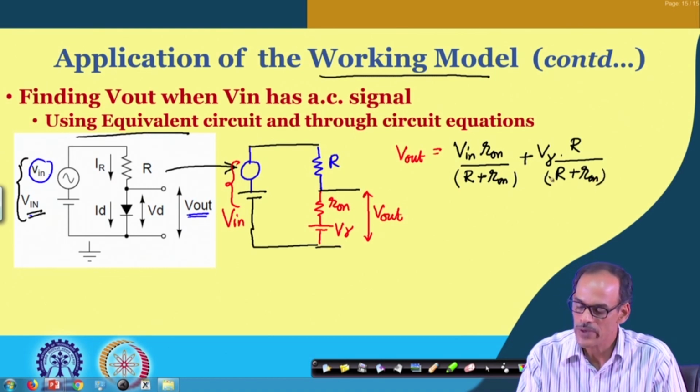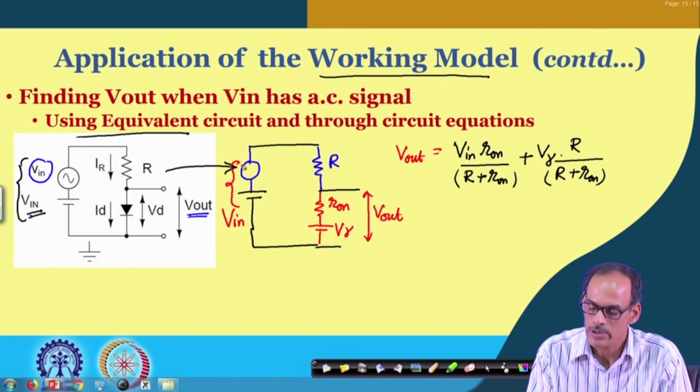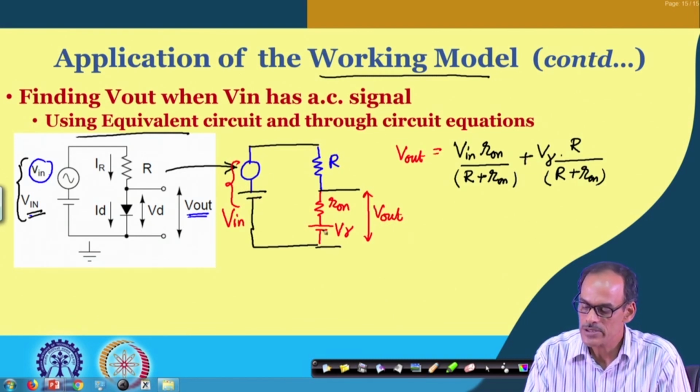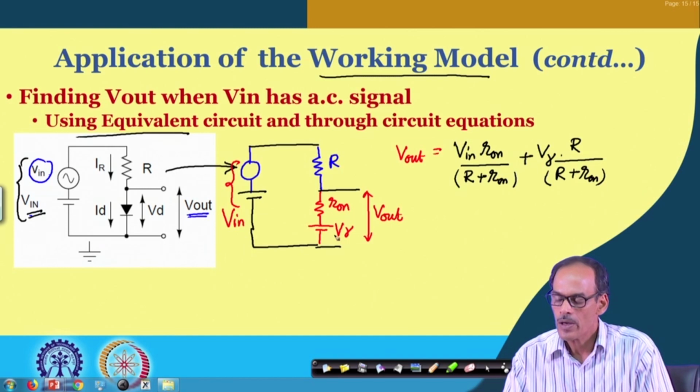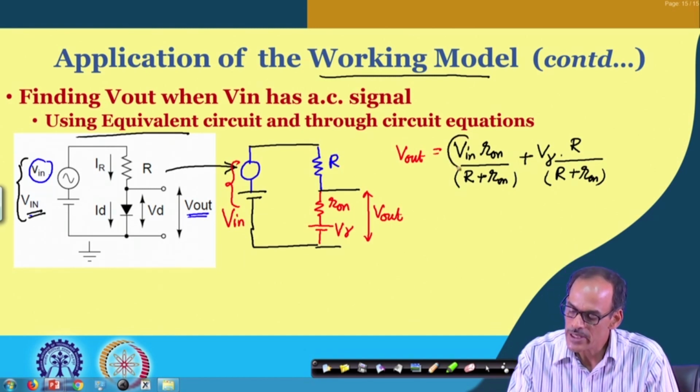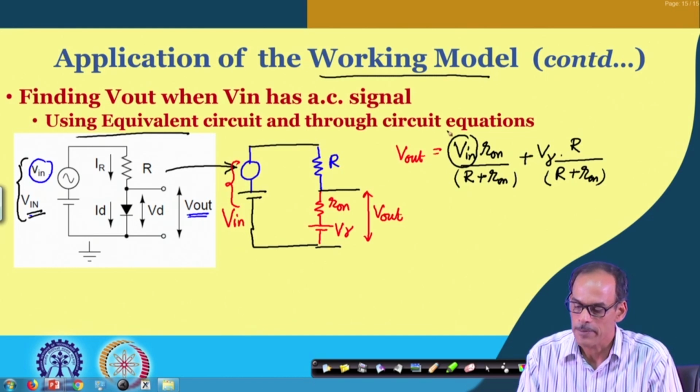Basically, you are finding this output voltage by the superposition theorem, by considering this one first, making this 0, and in the second part making this part 0 and keeping this V gamma. Now, within this V in, as I said, it is having both a DC part and an AC part.